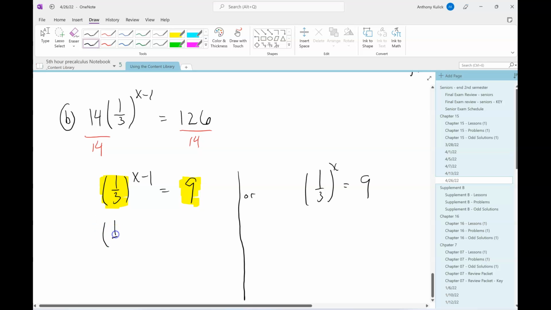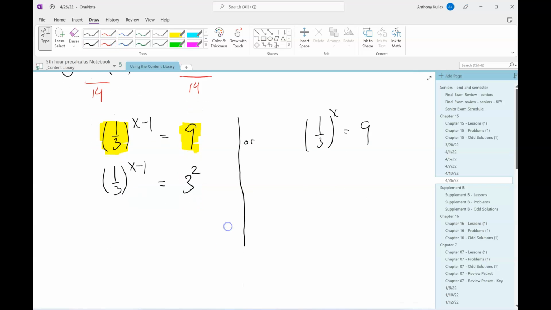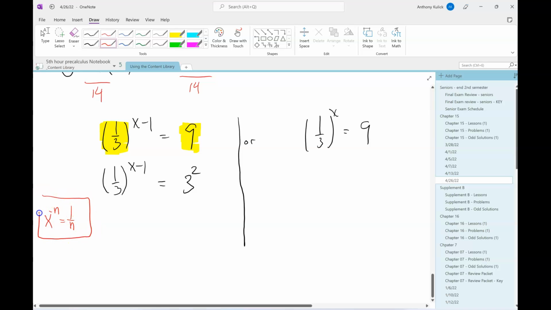So I know that. Now here's the sneaky part. You remember this property from last year, property of exponents, that a negative exponent makes a reciprocal?